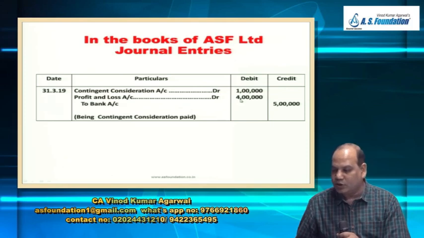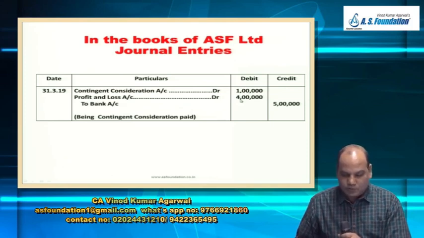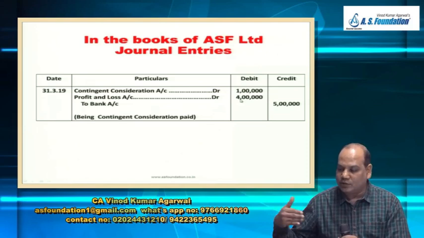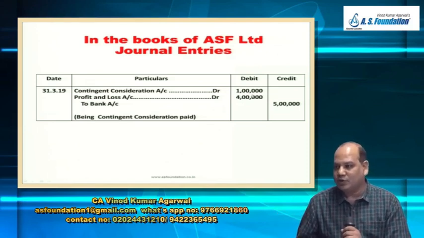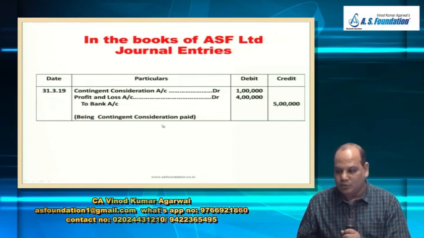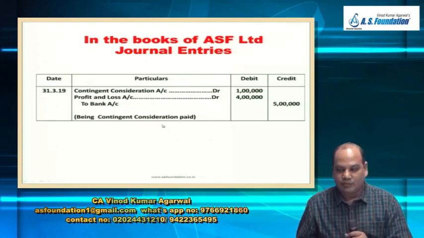It won't be adjusted in goodwill because this is based on events and circumstances after the acquisition date. It does not relate to condition existing on the acquisition date. Understood? Being contingent consideration paid.